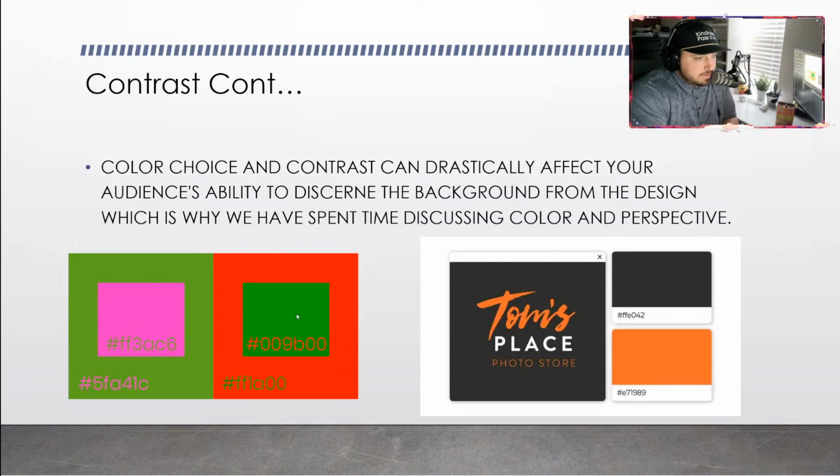These images reflect your ability to discern the background from the initial image. This pink and green is a lot easier to discern from this red and orange. It's almost too saturated, or sorry, red and green hurts a little bit. But this orange over the top of this cooler gray is really easy to tell, easy to understand.